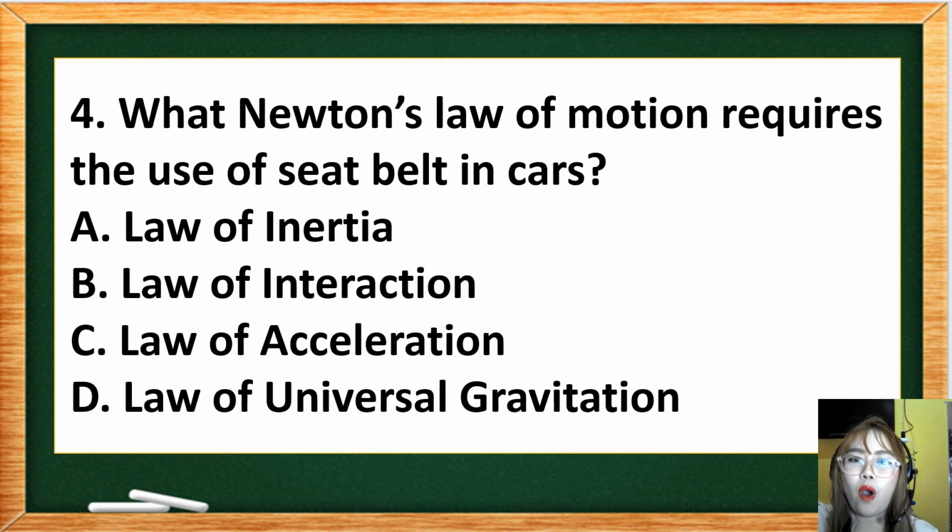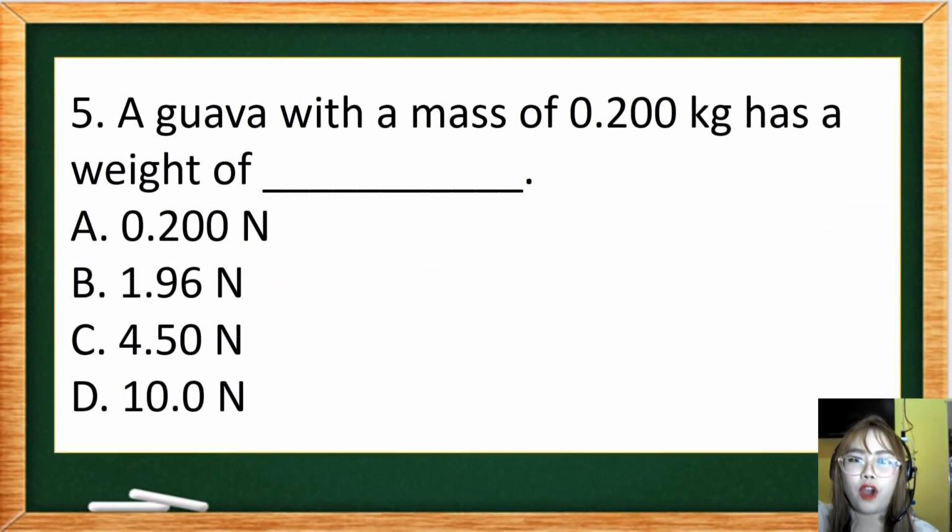A. Law of inertia. B. Law of interaction. C. Law of acceleration. Or D. Law of universal gravitation. Number 5. A guava with a mass of 0.200 kg has a weight of blank.